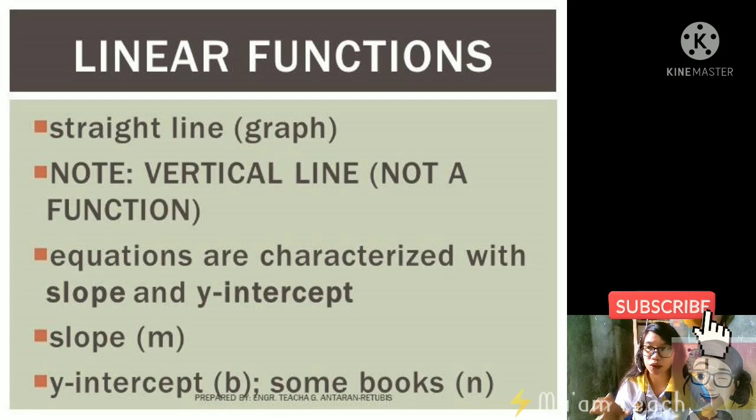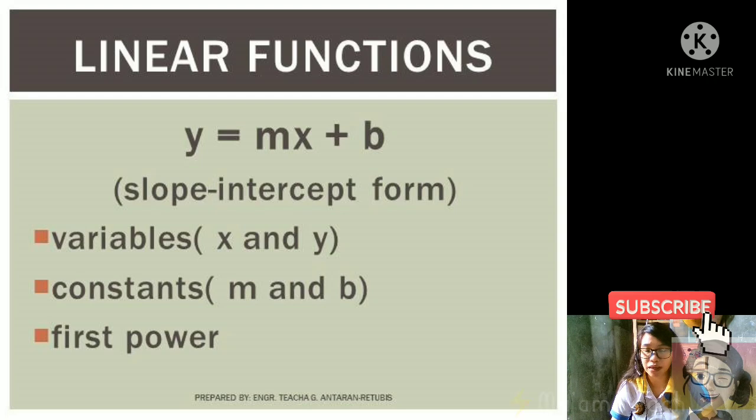Some books use the letter n to represent the y-intercept, just like in your lecture notes. Generally, this is the form of our linear function: the slope-intercept form, y equals mx plus b. Your m represents your slope, your b is your y-intercept.